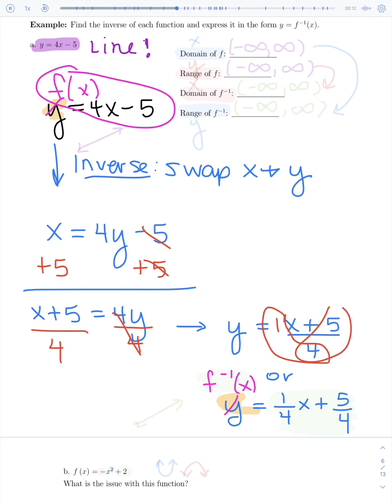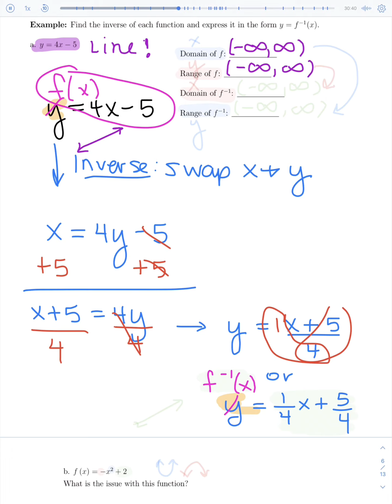It's got a positive slope, so it's a line going up forever. What do we know about the domain of a line? Well, they go left and right forever, so its domain is going to be negative infinity to positive infinity. What do we know about a line's range? It's also going to be negative infinity to positive infinity, because they go up and down forever.